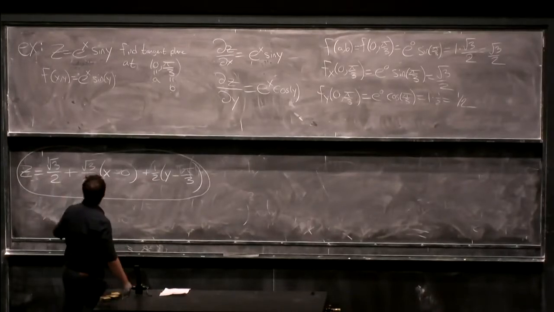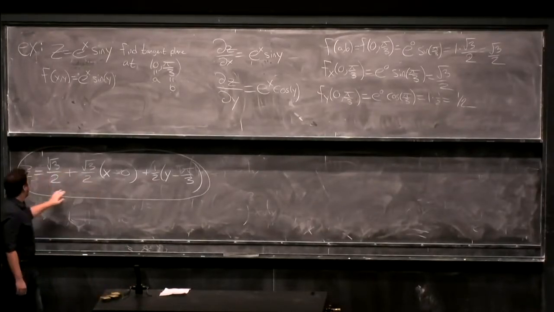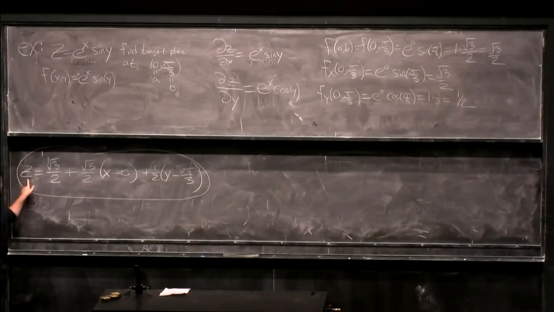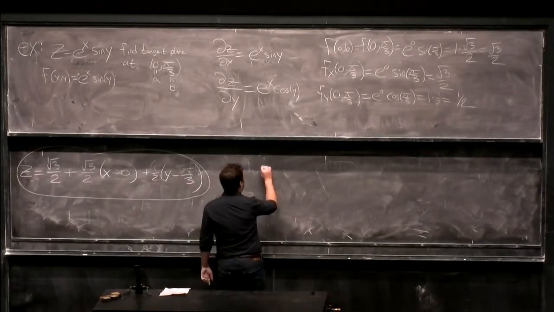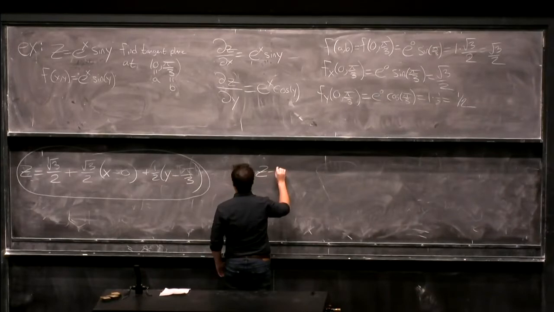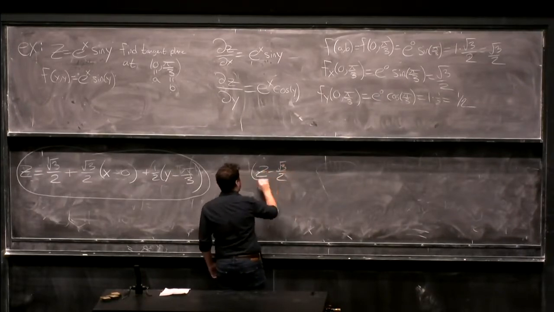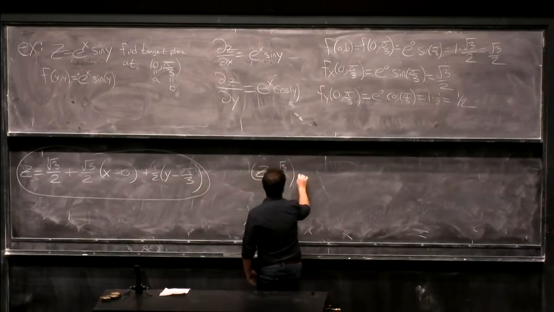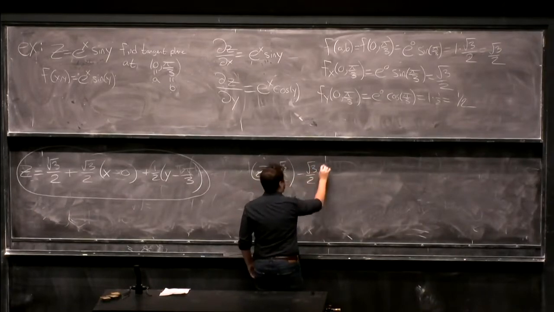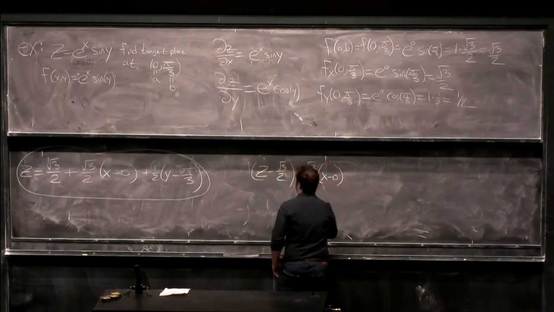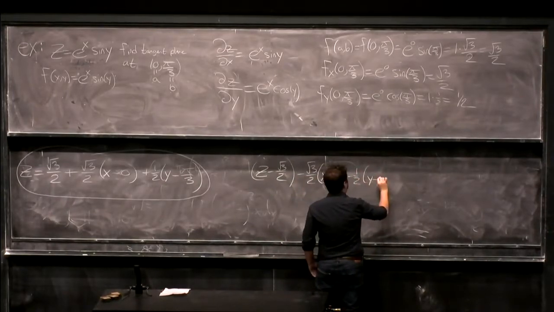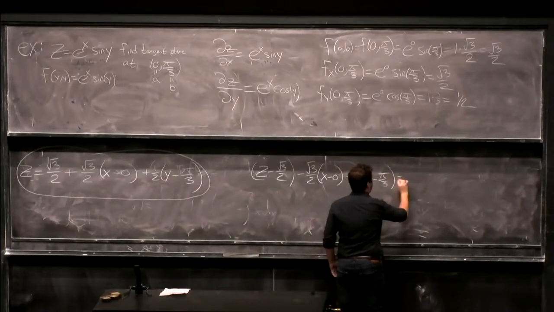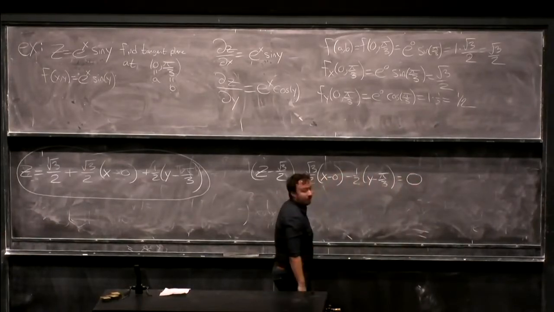So we're going to subtract all of this stuff over to the side with the z to see what our coefficients are going to be. So I have z minus root 3 over 2, and then we have minus root 3 over 2 times x minus 0, minus 1/2 times y minus pi over 3, and that's equal to 0.